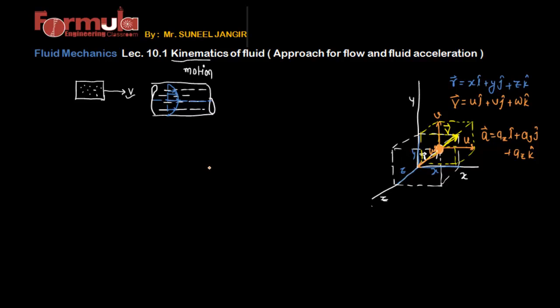Now to analyze the fluid flow we have two approaches. First one is the Lagrangian approach and second one is the Eulerian approach. So first let us try to understand the Lagrangian and Eulerian approach here. So first I am defining the Lagrangian approach, and second I am defining the Eulerian approach.